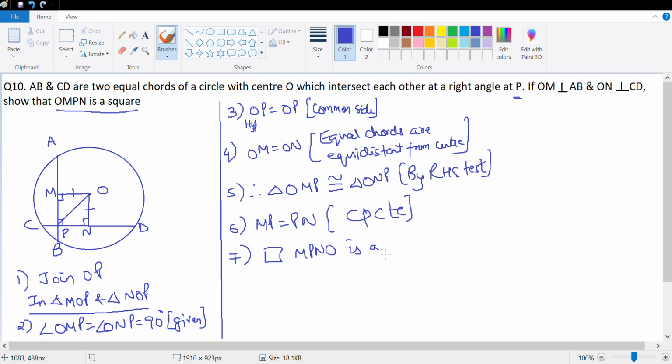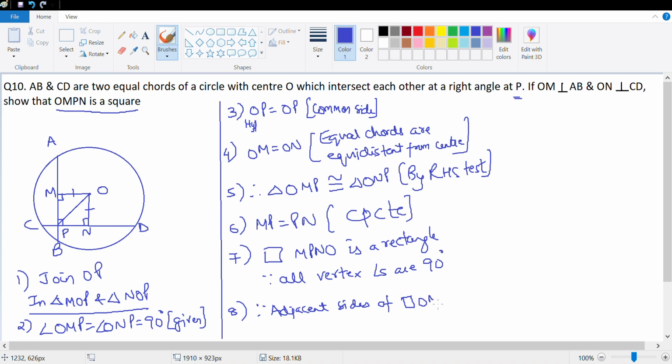What I already have is, so let's just write quadrilateral MPNO is a rectangle since all vertex angles are 90 degree, and the next one, since adjacent sides of quadrilateral OMPN are equal, the adjacent sides being MP and PN and MO and NO. This is from 4 and 6.